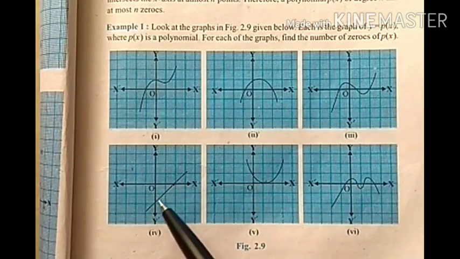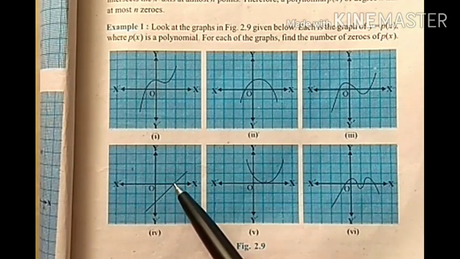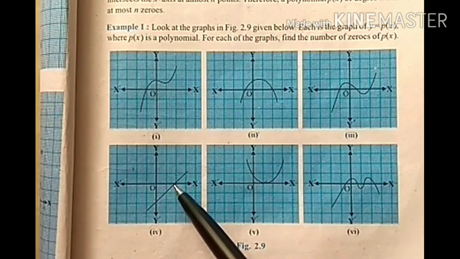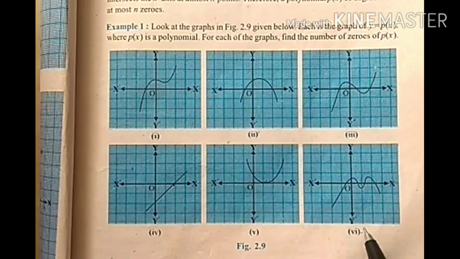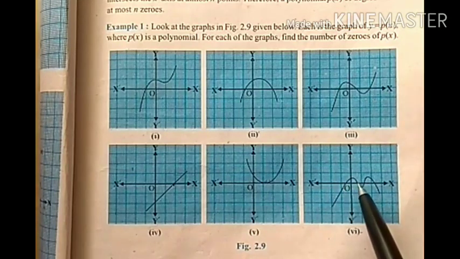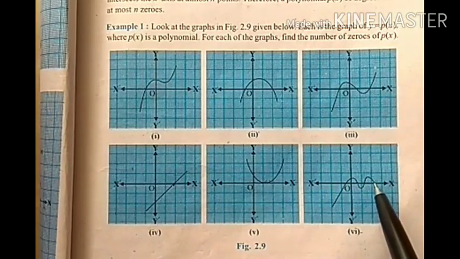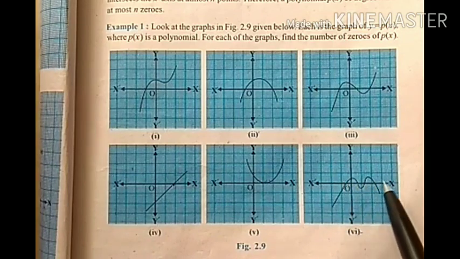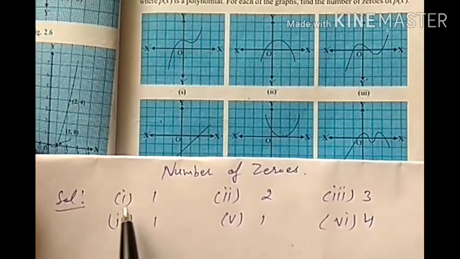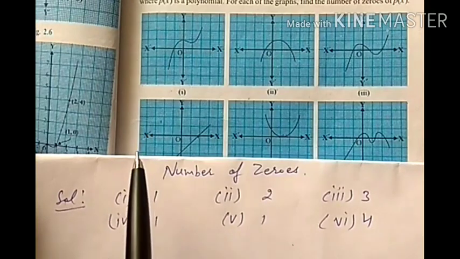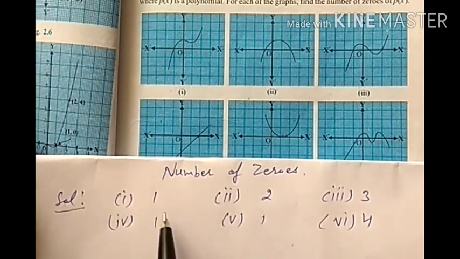This graph intersects the x-axis at only 1 point, so the number of zeros is 1, and here also 1. And in the last part 1, 2, 3, 4. Since this graph intersects the x-axis 4 times, the number of zeros is 4. I think you got it. This is the solution or answer of your example 1, means number of zeros.